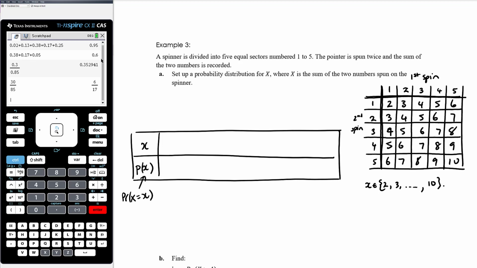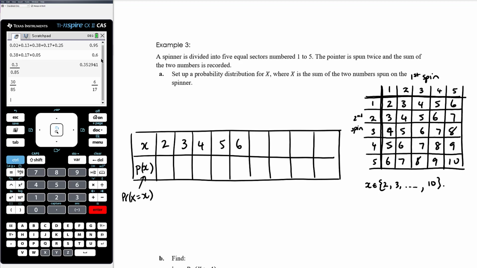I'm going to have 9 different outcomes: 1, 2, 3, 4, 5, 6, 7, 8, 9. So we could get 2, 3, 4, 5, 6, 7, 8, 9, or 10 as our sums.